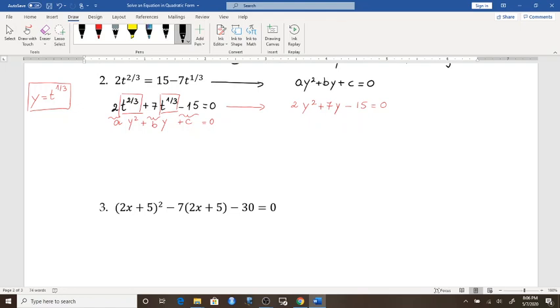Alright, so in order to do that, well, can we factor this? Let's see, can we find two numbers whose product is negative 30 and whose sum is 7? Do we know these two numbers?